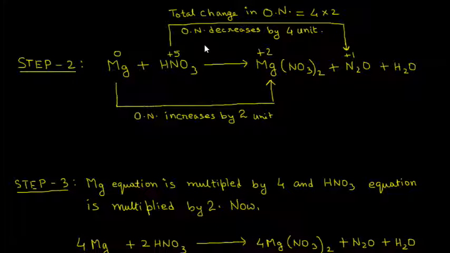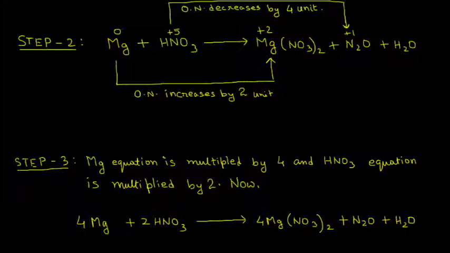In the HNO3 reaction, the change in oxidation number is 4, so the Mg equation is multiplied by 4. It is cross multiplication. On the other hand, in the Mg equation the oxidation number changed by 2, therefore the HNO3 equation will be multiplied by 2.